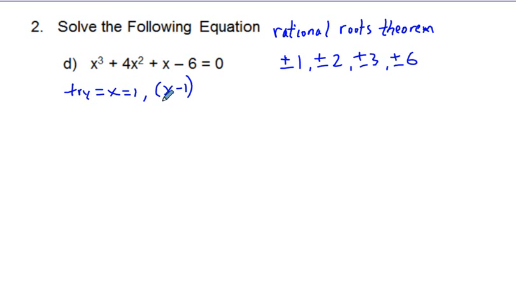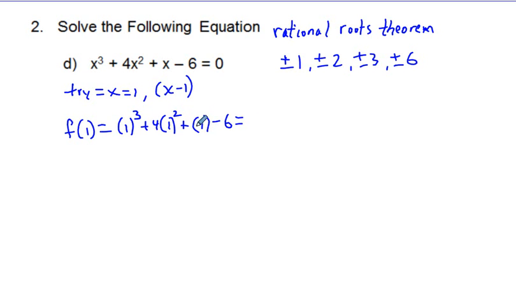Okay, so if we treat this as a function and we put in f of 1, what are we going to get when we plug this back into x cubed plus 4x squared plus x minus 6? Well, we're going to get 1 cubed plus 4 times 1 squared plus 1 minus 6.